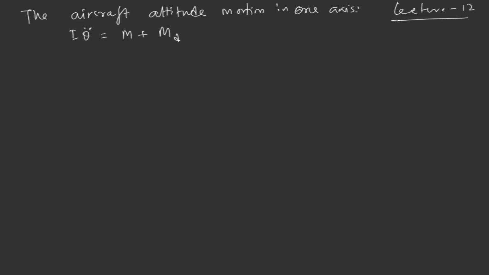Here theta is the angle we would like to control, M is the total control torque given by the controller, and Md is the disturbance coming from the environment.